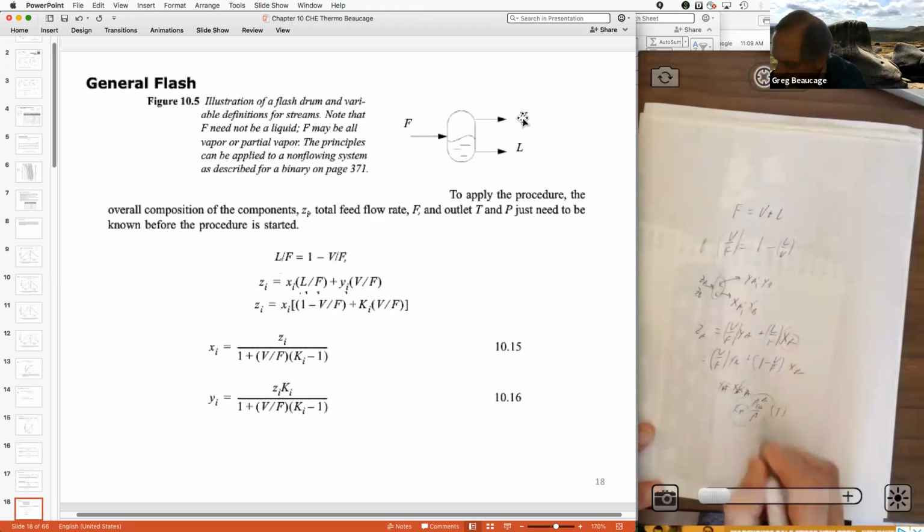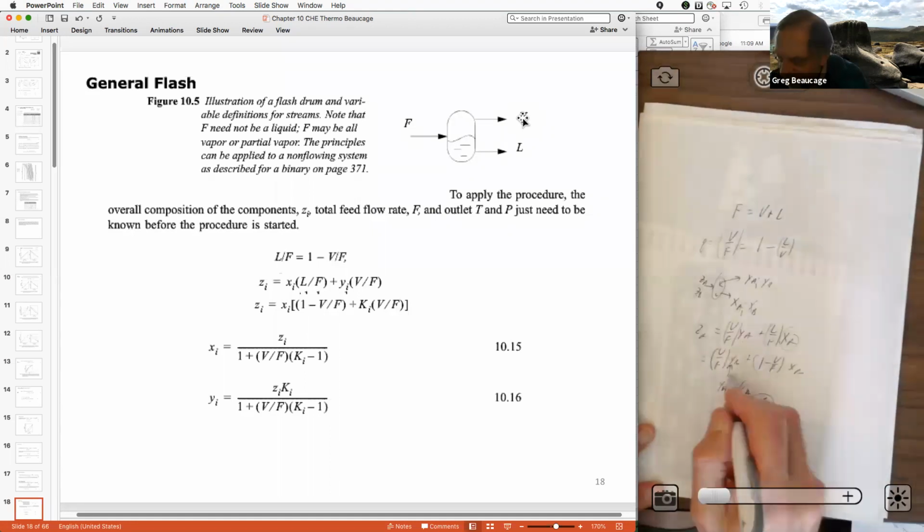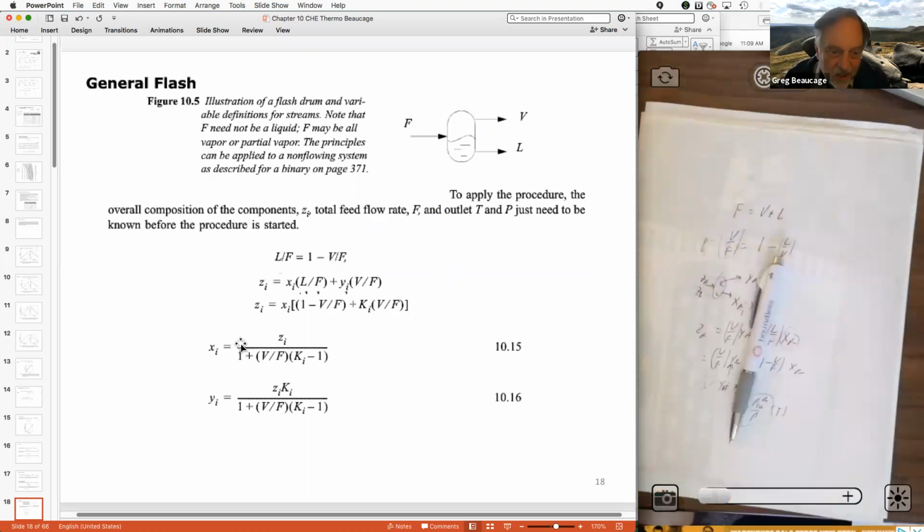So you can get KA from the temperature, you can get YA, plug it in here, then everything's in terms of X. You can solve for X from this equation, and you get this equation. It's got the K in it, which you can get from the temperature, and it's got the Z. And then you can also solve for this in terms of Y and get Y in terms of K and Z. And you get this V by F in it. So if you know V by F, then you can solve this thing.